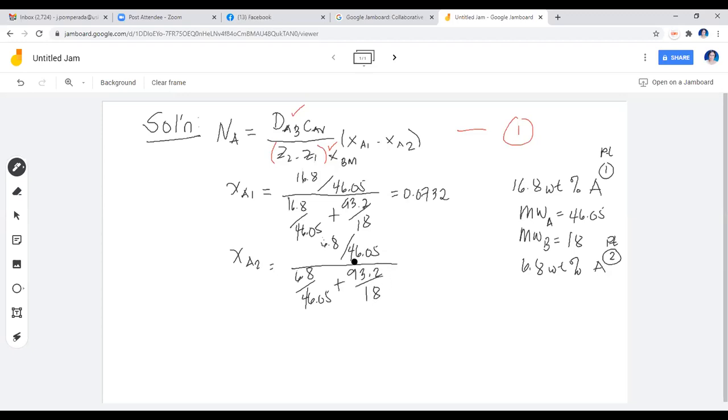This represents the moles of water. This represents the moles of ethanol. And we will be getting here a mole fraction of ethanol at point 2, which is 0.0277. This is for still ethanol at this time at point 2. It's mole fraction.